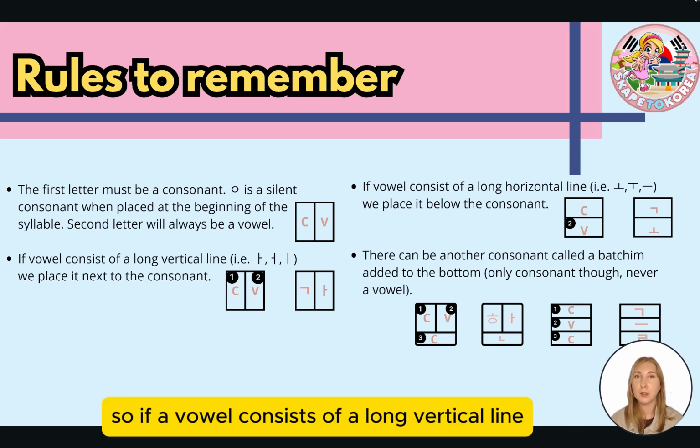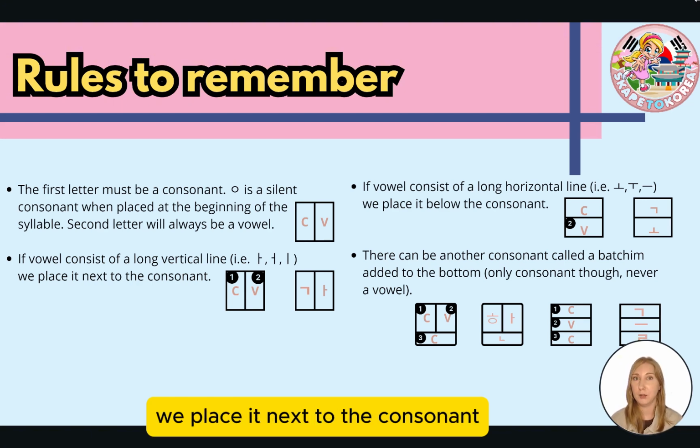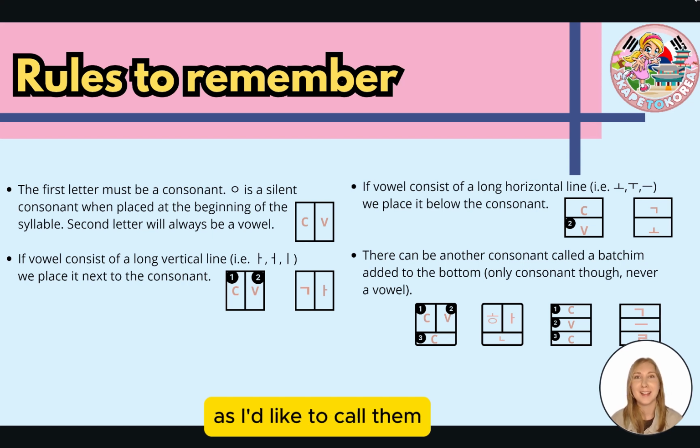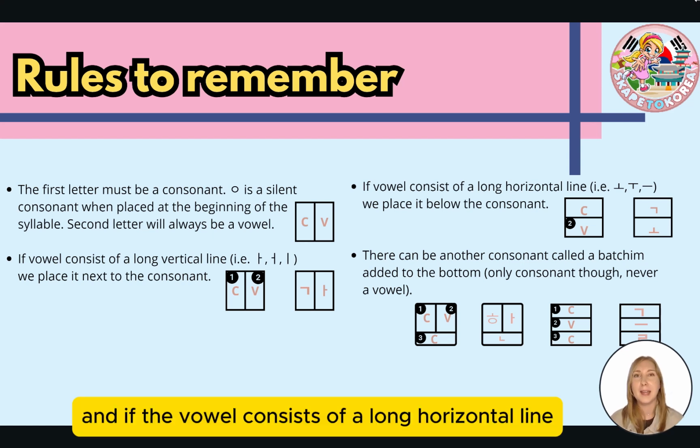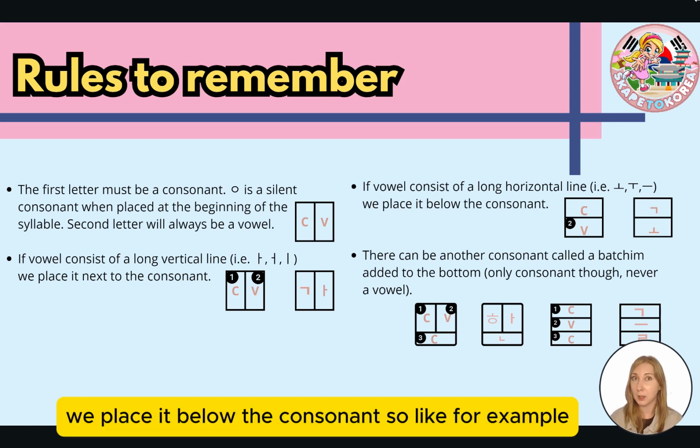Now, how do you know if a vowel should be placed next to the consonant or under it? If a vowel consists of a long vertical line, for example, a, o, or e, we place it next to the consonant. It's the standing up vowel, as I'd like to call them. And if the vowel consists of a long horizontal line, for example, o, u, or u, we place it below the consonant.